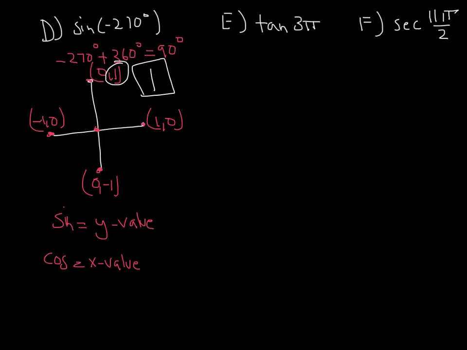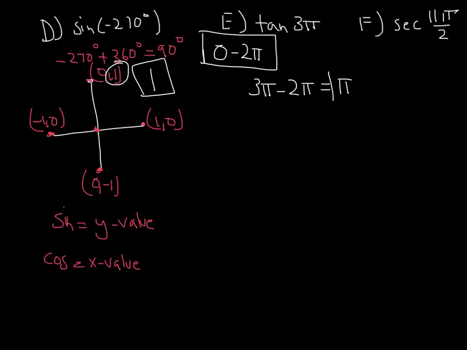All right, tangent of 3 pi. Now, make sure you understand that the unit circle goes from 0 to 2 pi. Anything outside of that range, you need to add or subtract to get it into that range. So tangent of 3 pi, we're going to take 3 pi and subtract 2 pi from it because it is outside of the range and we end up getting pi.